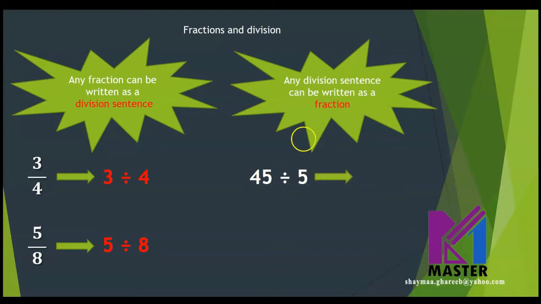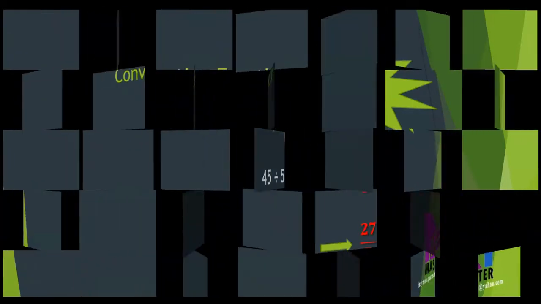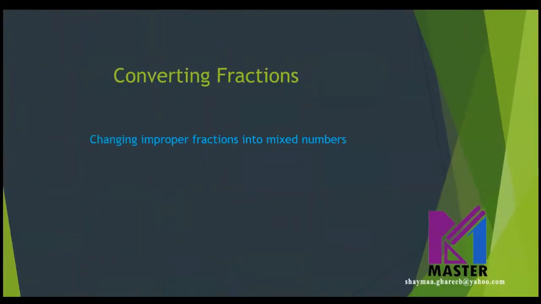So 45 divided by 5 can be written as 45/5. One more example. 27 divided by 7 can be written as 27/7. Is this clear? So now let's see how we can change improper fractions into mixed numbers.